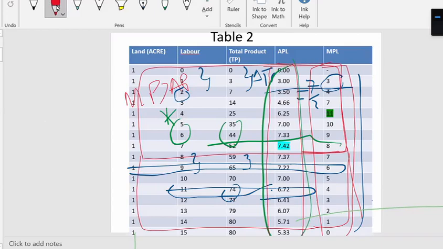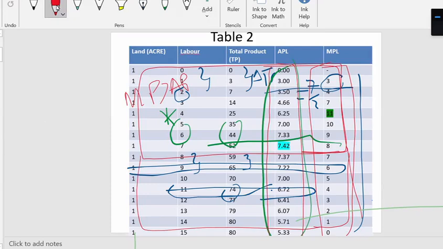Haiwezekani, sawa? Kama kampuni au kama ni firm, sitakiwi kuajiri watu zaidi ya wangapi? 15, sawa. Manake if I employ 16, the marginal product will be minus. Umenielewa? Kwa hiyo I can employ 15, but this 15 still questionable.